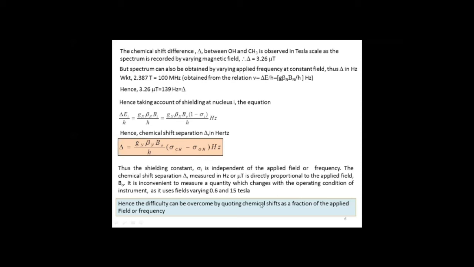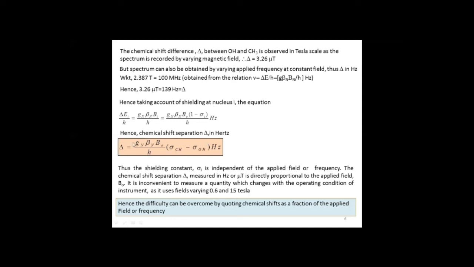Hence, it is inconvenient to measure a quantity which changes with the operating condition of the instrument, either in terms of the applied field or in terms of the applied frequency. In this case, we are just changing the applied field. Most of the instruments operate by varying the fields from 0.6 to 15 Tesla.